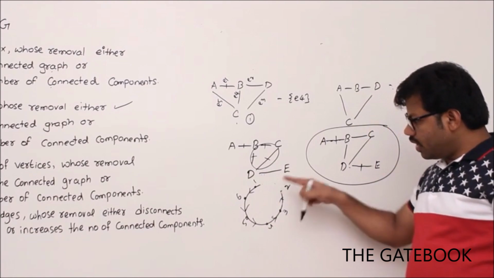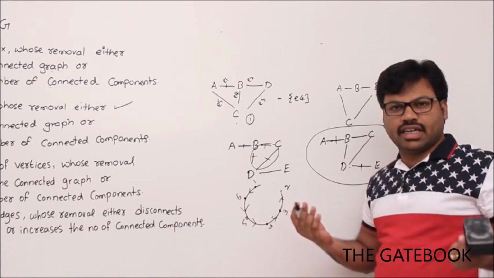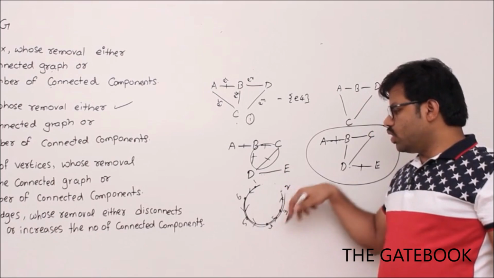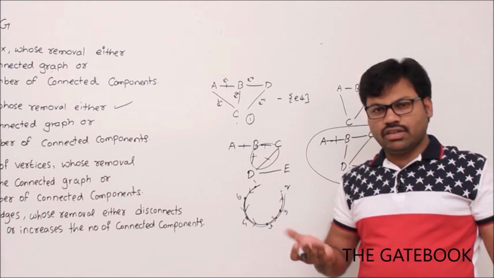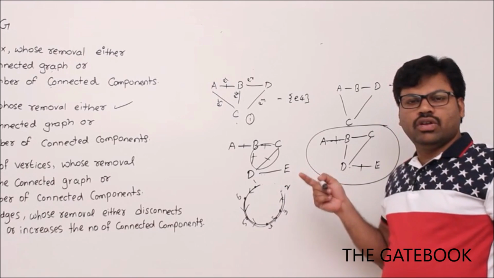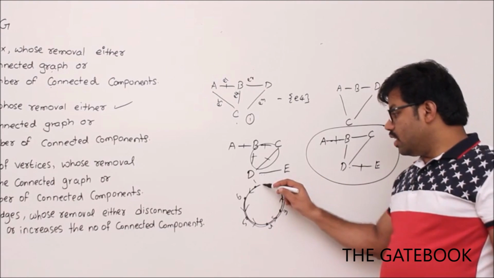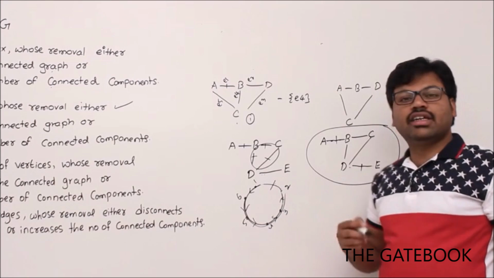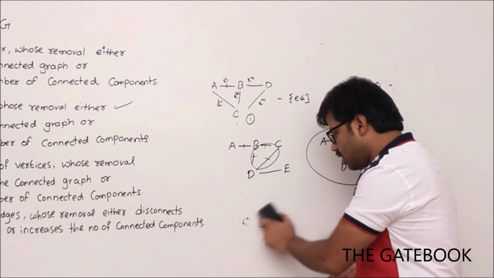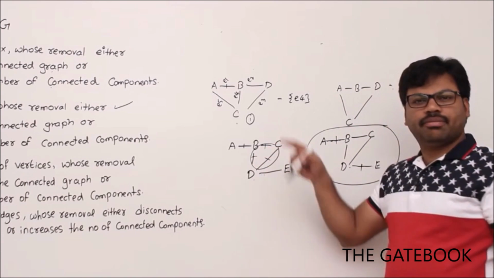In this problem you can see that only 1 comma 2 might be disconnected. Since it's a cycle, there will be an alternative direction. If you go through that, you can still reach 2 from 1 or 1 from 2. So what I want to say is that's why this edge cannot disconnect the graph. Understand? So when an edge cannot disconnect the graph, definitely it will be on a cycle.